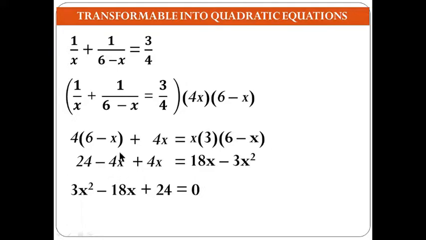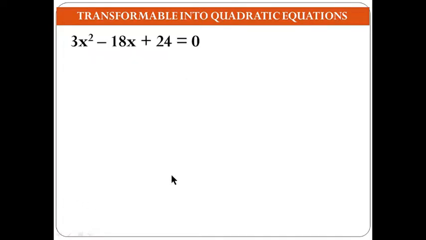Bakit nawala itong dalawa? Dahil kapag isinimplify or i-combine natin ito, the answer is 0. Negative 4x plus 4x ay 0. So, ngayon, using this equation, 3x squared minus 18x plus 24 is equal to 0.